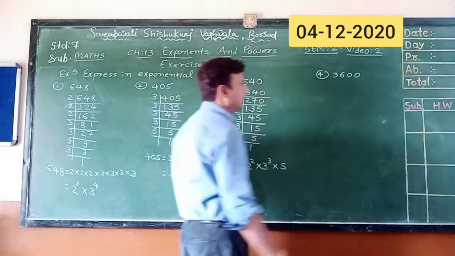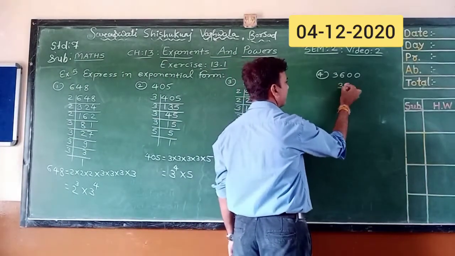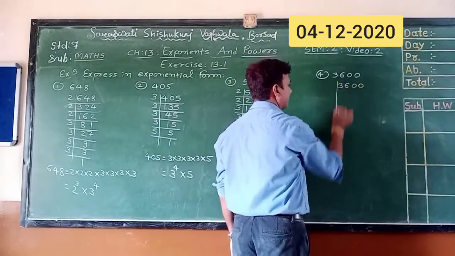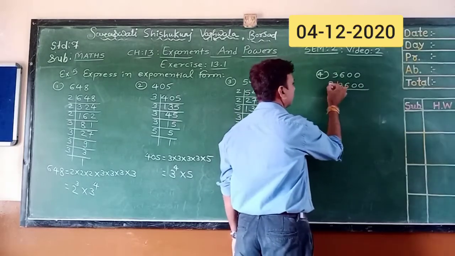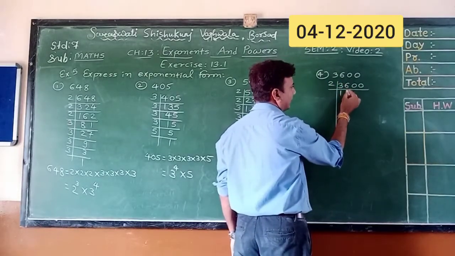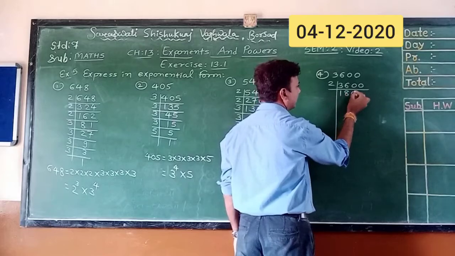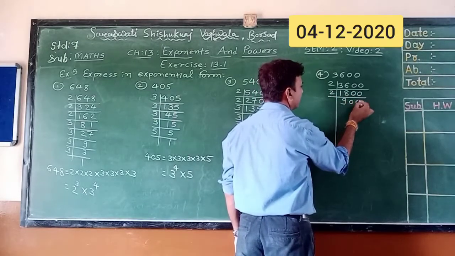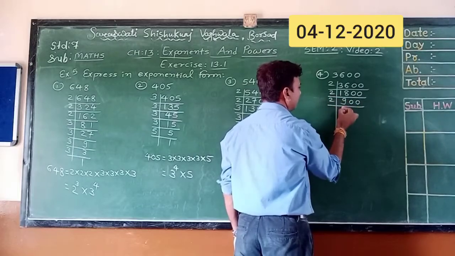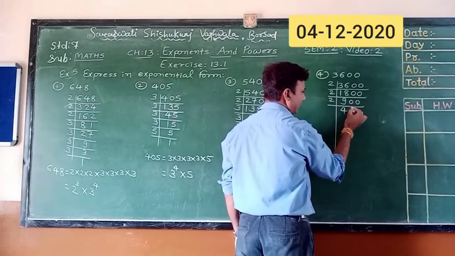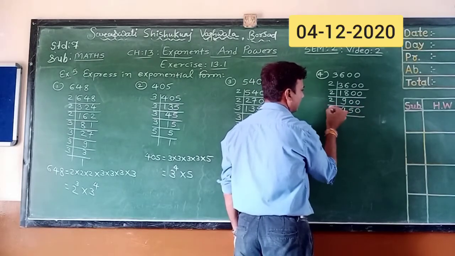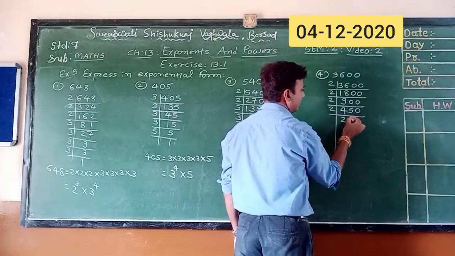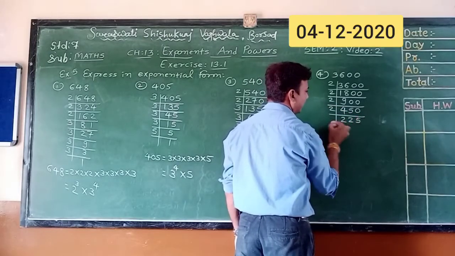Now 3600. 2 1s are 1 remain 16, 2 8s are 16, 0 0. 2 9s are 18, 0 0. 2 4s are 8, 1 remain, 2 5s are 10, 0. 2 2s are 4, 2 2s are 4, 1 remain, 2 5s are 10.